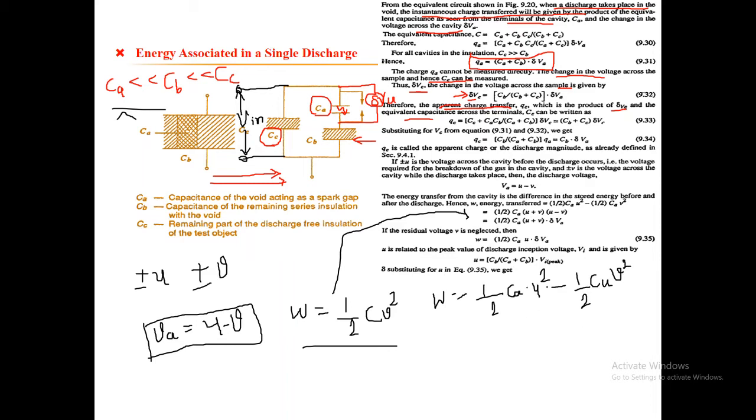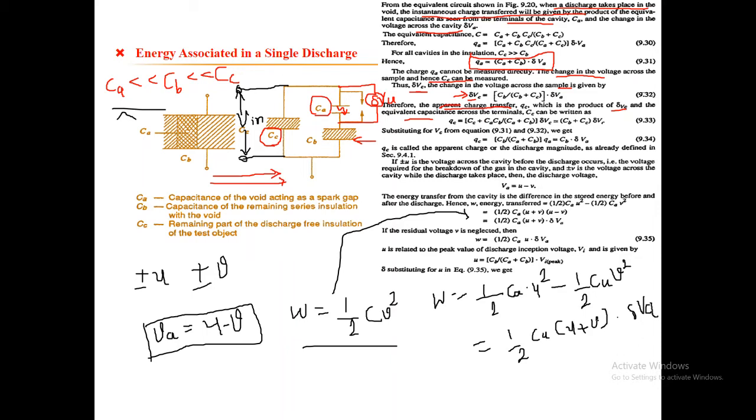So 1/2 Ca into U square minus 1/2 Ca into V square. The solution of this is reduced to 1/2 Ca into U plus V into delta VA.